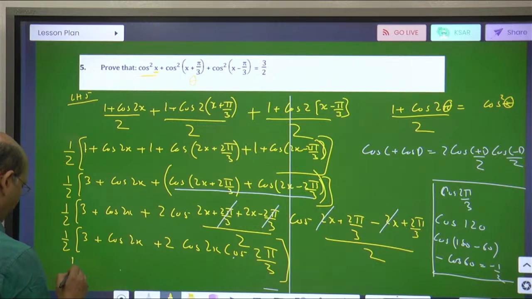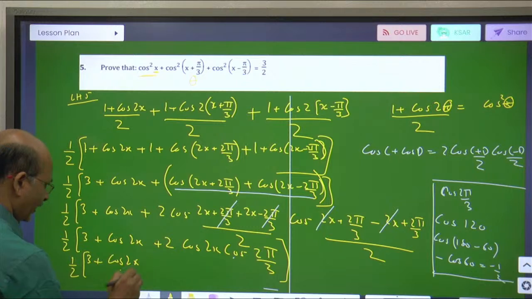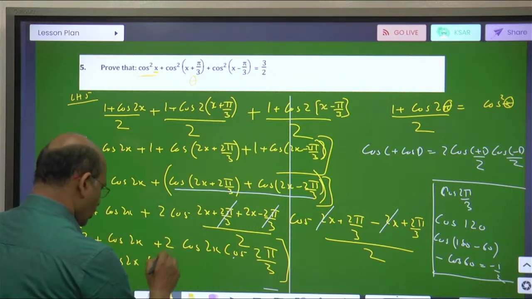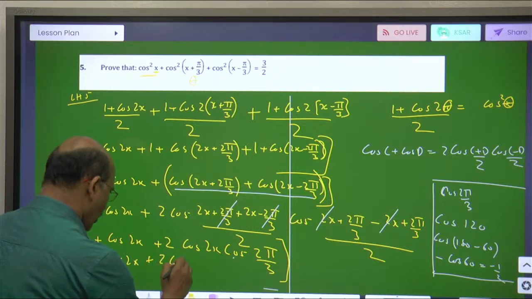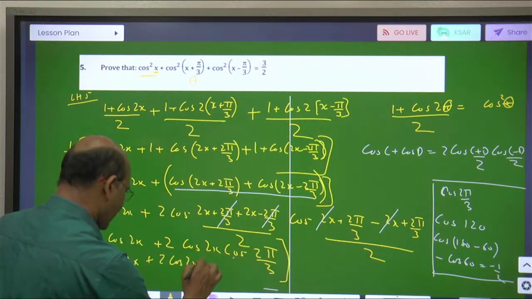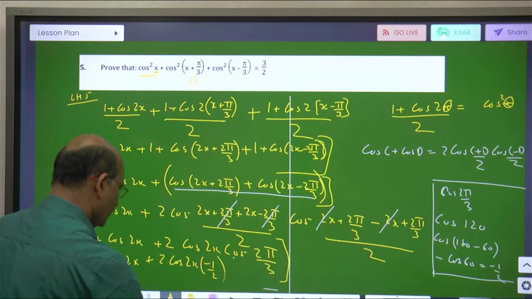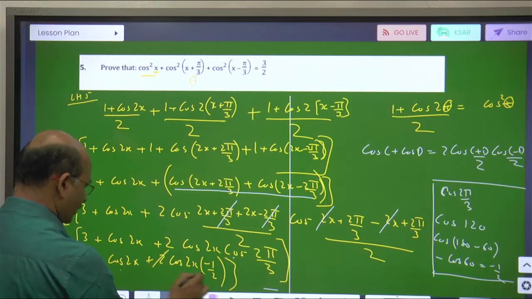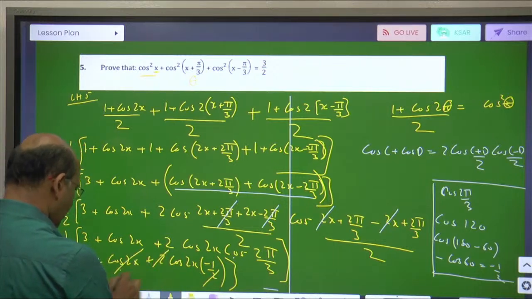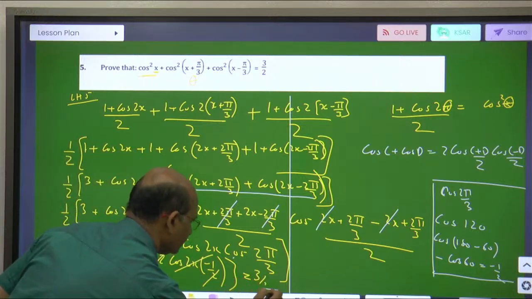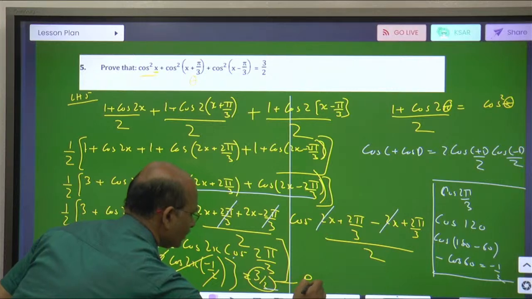Half of 3 plus cos 2x, now pay attention, plus 2 into cos 2x as it is, and cos 2 pi by 3. What is cos 2 pi by 3? Minus half. Finish. This 2 and this 2 will get cancelled, plus cos 2x minus cos 2x, 3 upon 2 will be the final answer, which is equal to RHS.